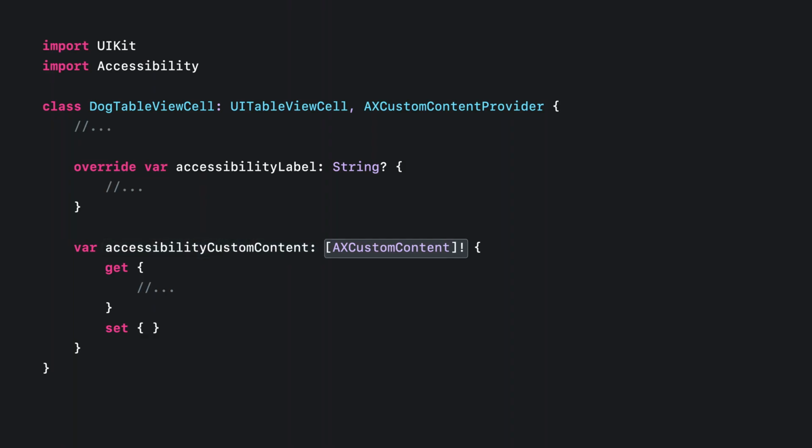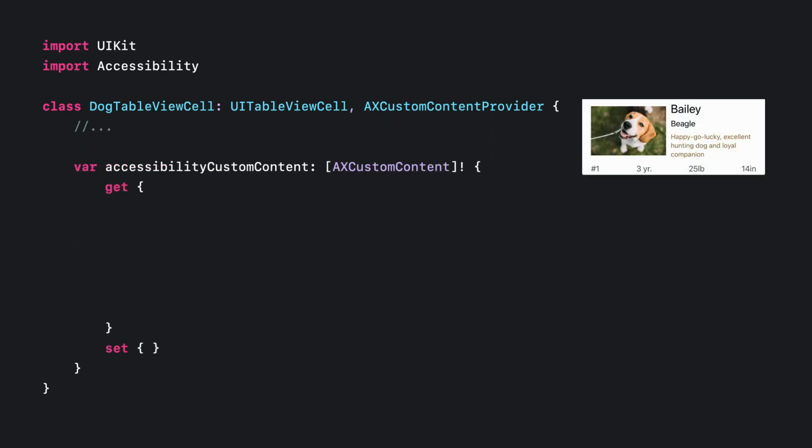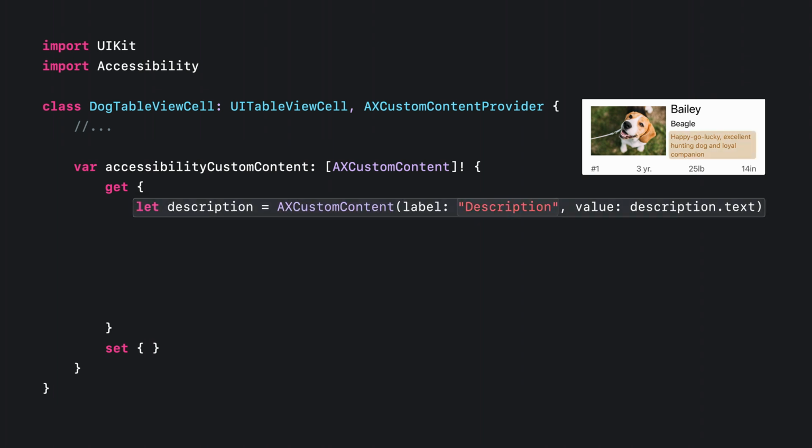accessibilityCustomContent with an array of AXCustomContent objects, where AXCustomContent objects are a key-value pair of localized strings. Here we create an AXCustomContent object for description with the string "description" as the label and the description's text value as the value of the AXCustomContent object.